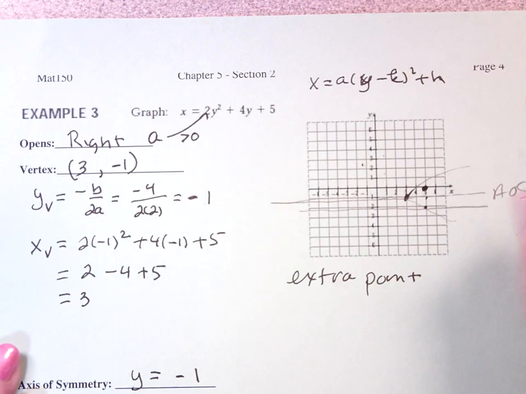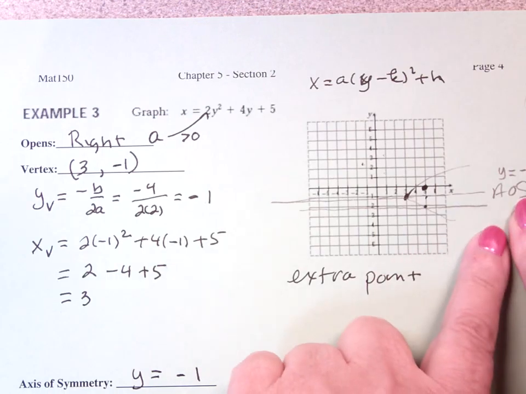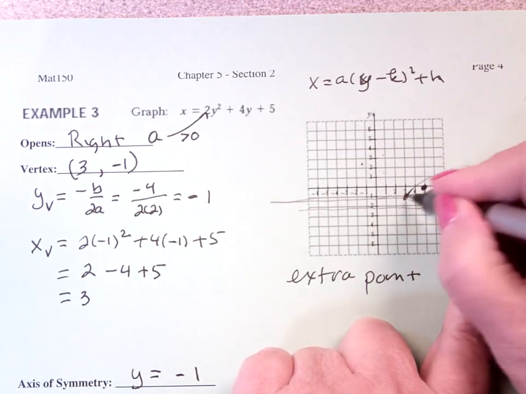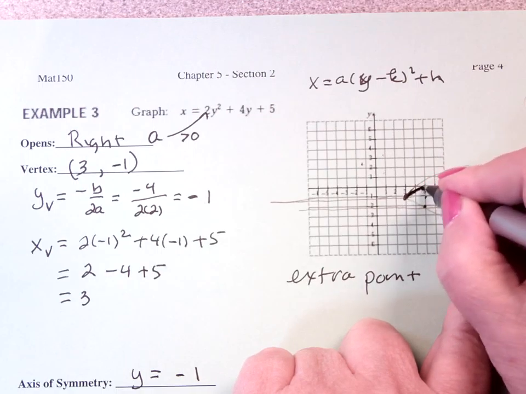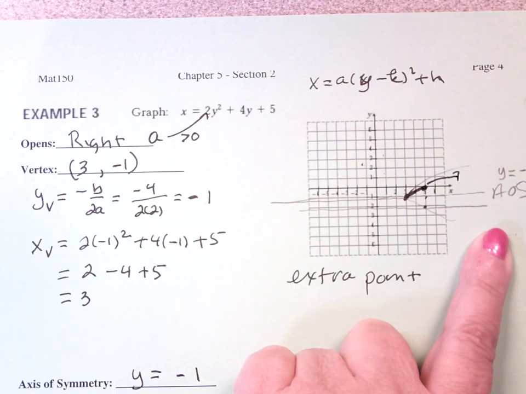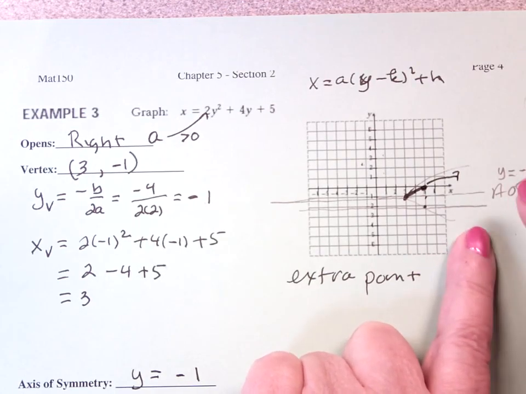If this is the AOS and that's y equal -1, I pick a y value that is smaller than -1. I already have the other side, so I know this guy's going to be like that and keep going. I need his other half. So I need to pick a y value smaller than -1, so just pick y equal -2.